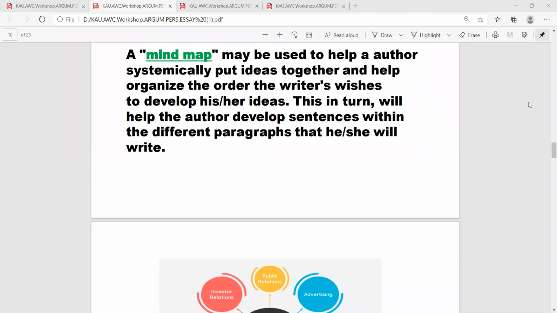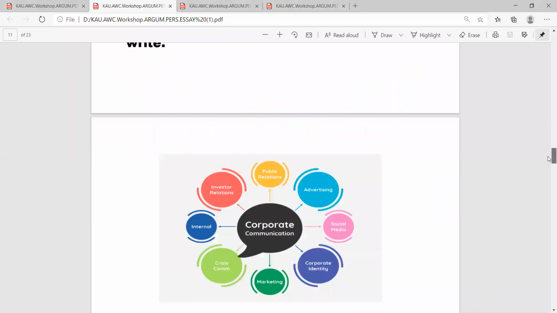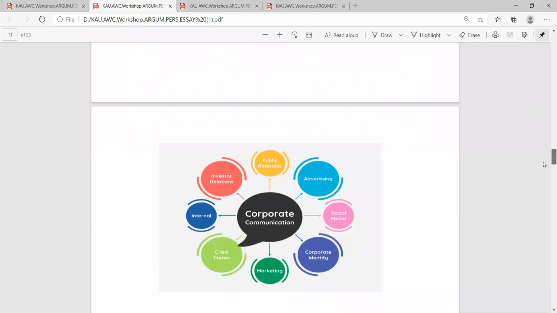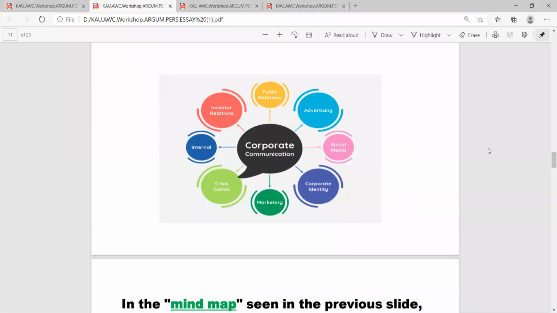Okay, let's go to the mind map, and we'll use another example. Let's say I was talking about corporate communication, corporate being business communication. So how do I begin?